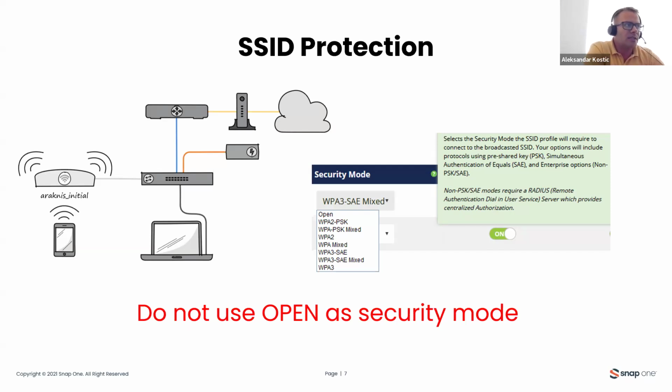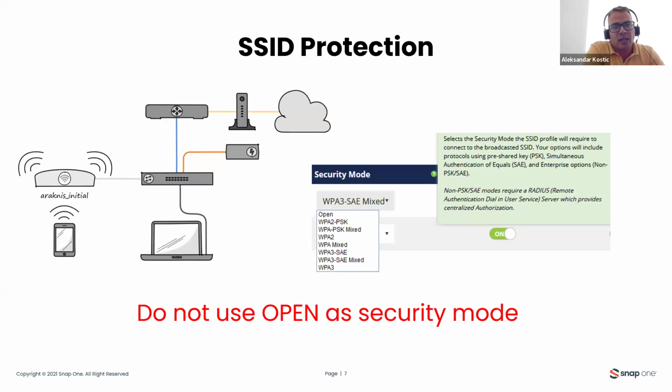Okay, so besides this, the PSK, which means pre-shared key authentication, where you use a password to connect, there is also one additional way to authenticate with the wireless network, and it is so-called enterprise or server-based authentication.